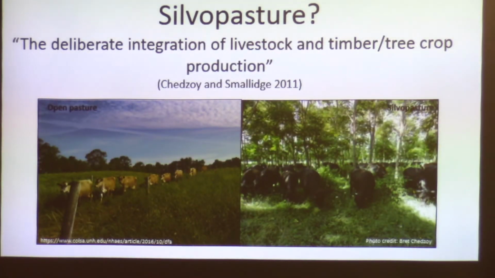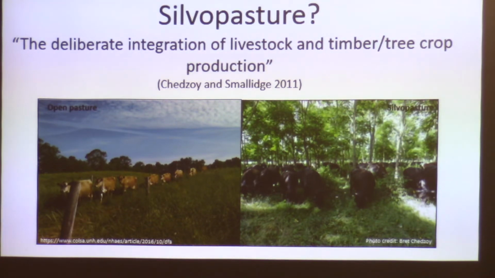And there's been a lot of interest in silvopasture systems recently. A definition of silvopasture is this: the deliberate integration of livestock and timber or tree crops. And deliberate and integration are the two keywords here. It's not grazing cows in the forest, right?